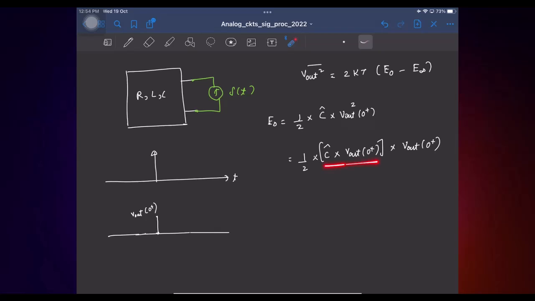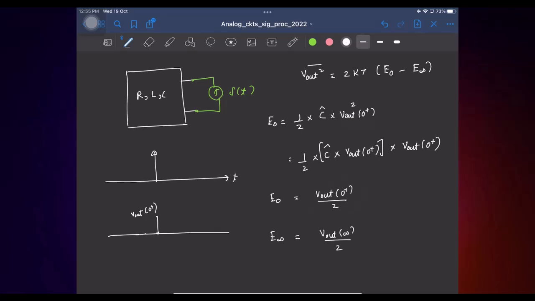So what is this quantity? It is basically the charge stored in the capacitors, which is 1 Coulomb, because that is the charge you are injecting. So this simplifies to V out of 0 plus by 2. Similarly, you can do the same thing, and what is E infinity? From this at least, what do you think will be a logical thing to say? I know E0 is V out of 0 plus by 2.